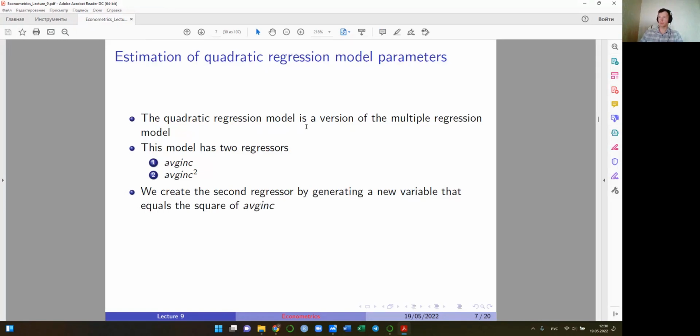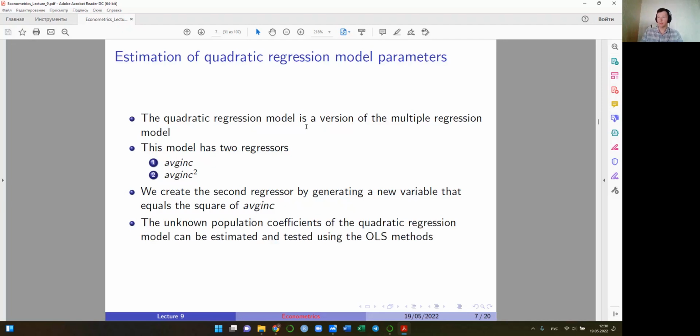So for example, if you want to do this in Python, you can create a new variable, which is going to be average income squared. And then you put these two variables into the regression. You estimate betas, and you have the estimates of the regression curve, because now it's not a straight line anymore, it is a curve, and everything else is the same. So just apply OLS.